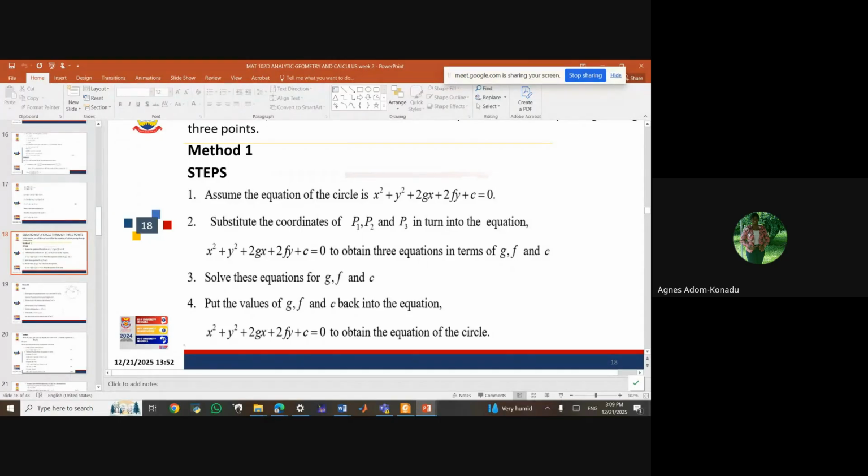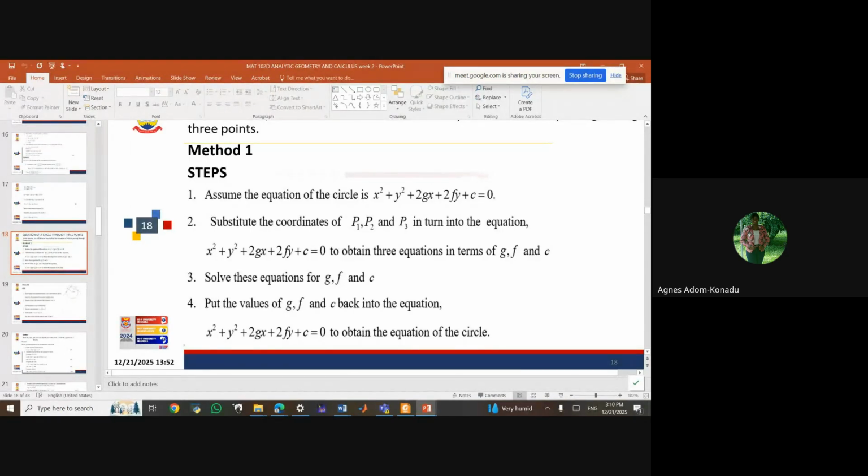Then second step, you substitute the 3 points into the equation in turn. First you substitute the coordinates for P1, you simplify, you put it down, you call it equation 1. Then you substitute P2 into the equation, you simplify, you call it equation 2.